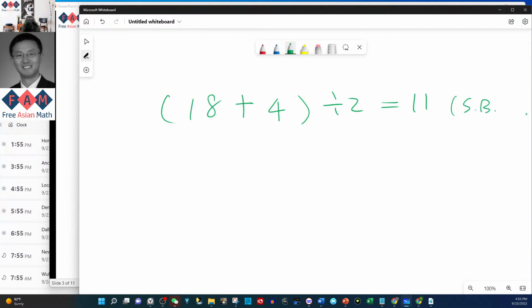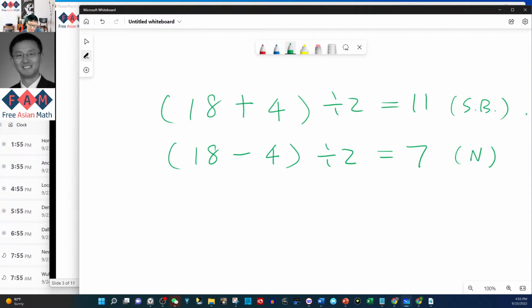Okay, and what is the number of the novels? Well, that would be the sum subtracting the difference, which is 4, divided by 2. And this is 14 divided by 2, that's 7 novels. Okay, this is perhaps the simplest sum-difference problem you will ever see.